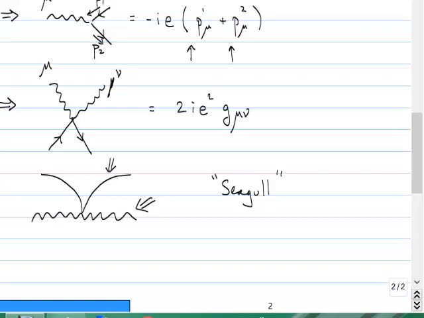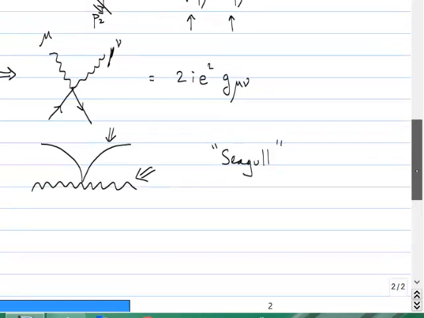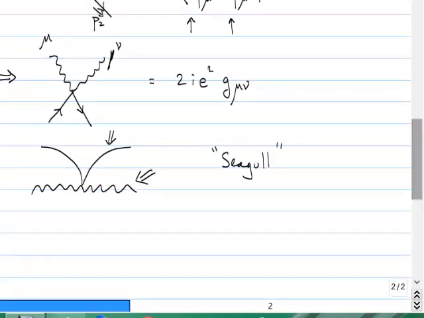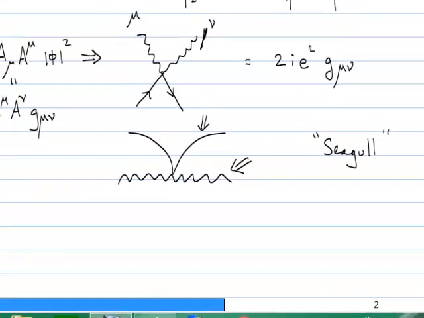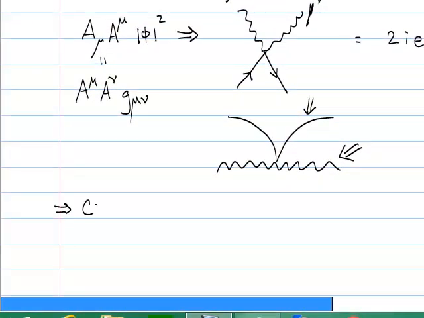So there are also a few other rules that we're going to need to keep track of when we start writing down Feynman diagrams in scalar QED and later on in full-fledged real QED. So the first rule that we have to remember is charge conservation.